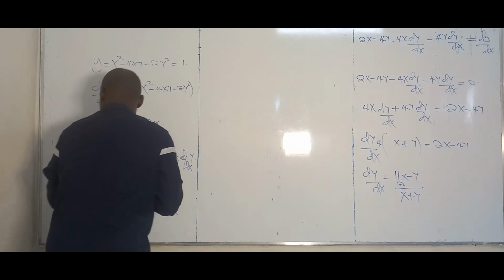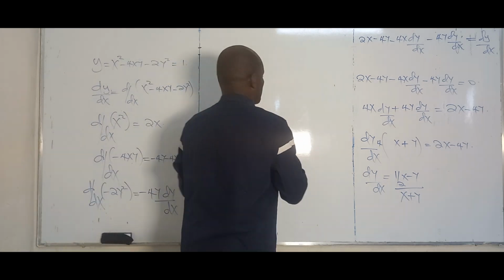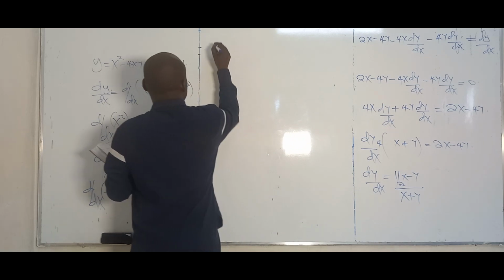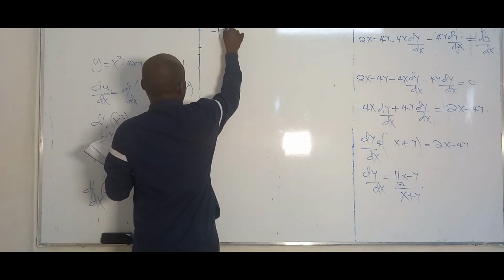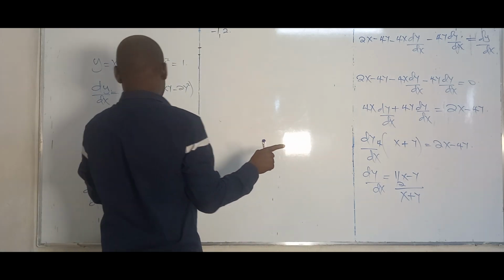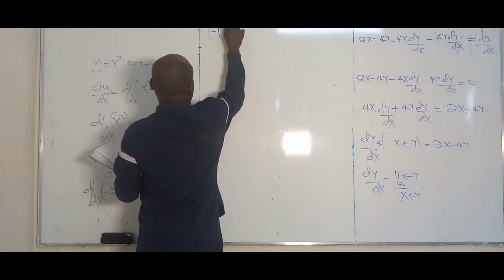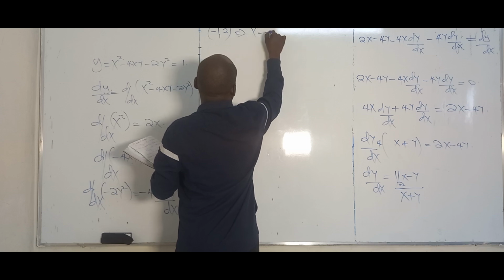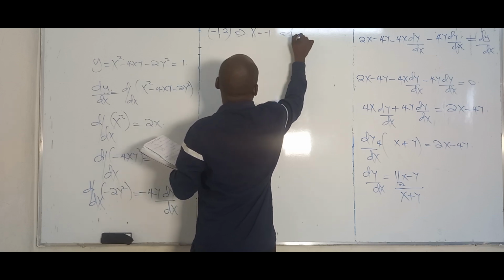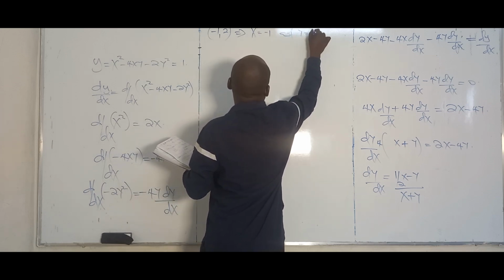So I'll need to substitute. The point is -1 and 2. We substitute it here. So it means that x is -1 and y is 2.